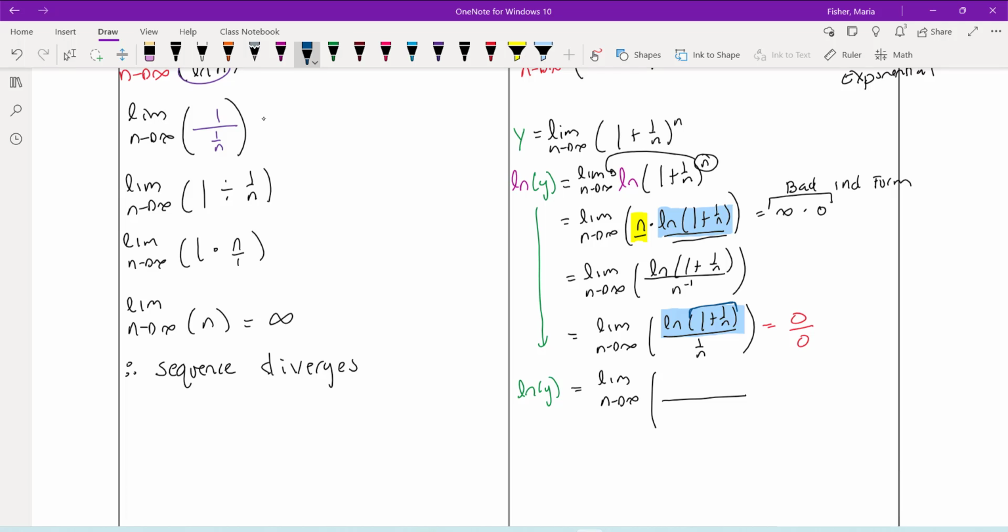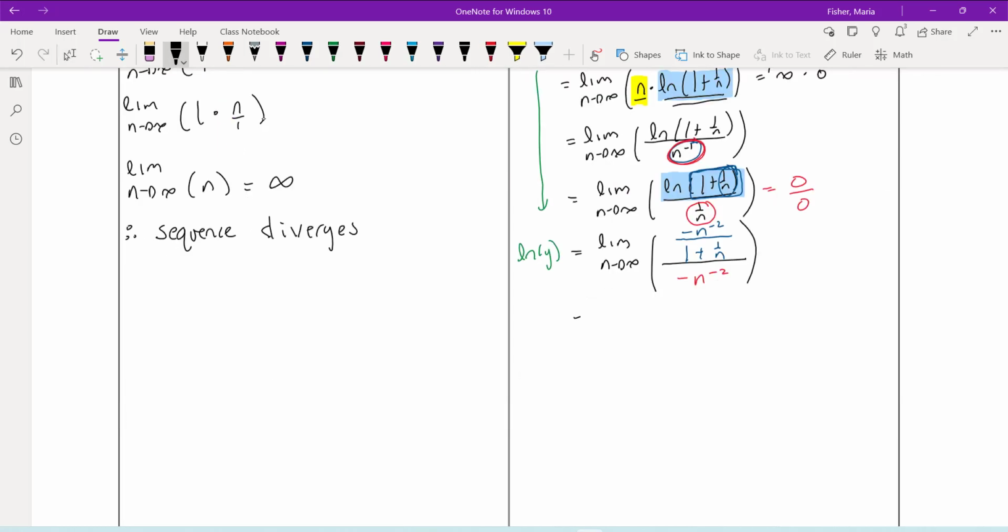And again, I can write this 1 over n as n to the negative first. So if I take that derivative, that's just going to be negative n to the negative second. So it's the derivative of 1 plus 1 over n over itself, 1 plus 1 over n. And then the derivative of the denominator, 1 over n, again thinking of it as n to the negative first, is just negative n to the negative second.